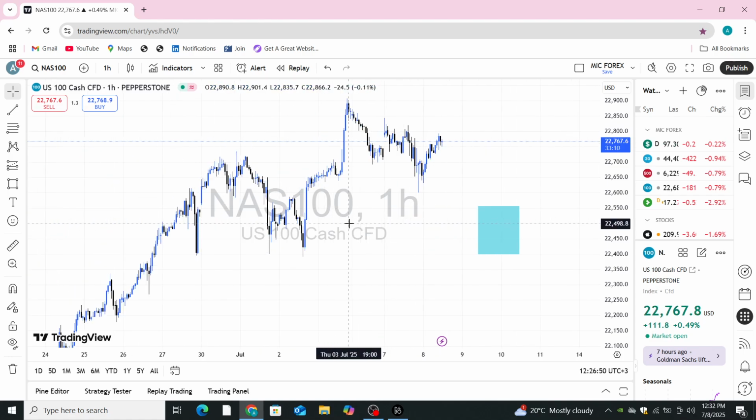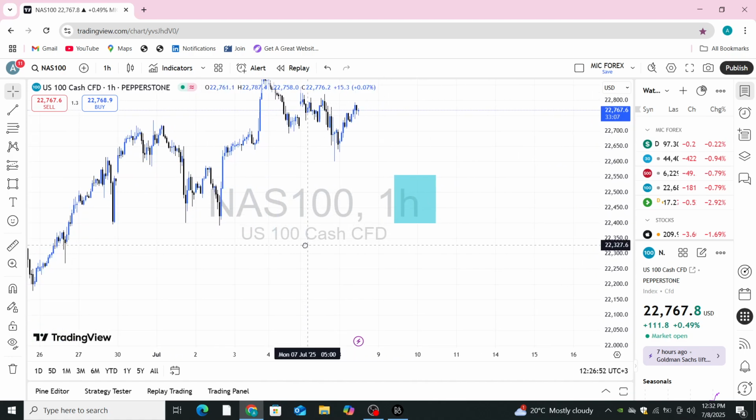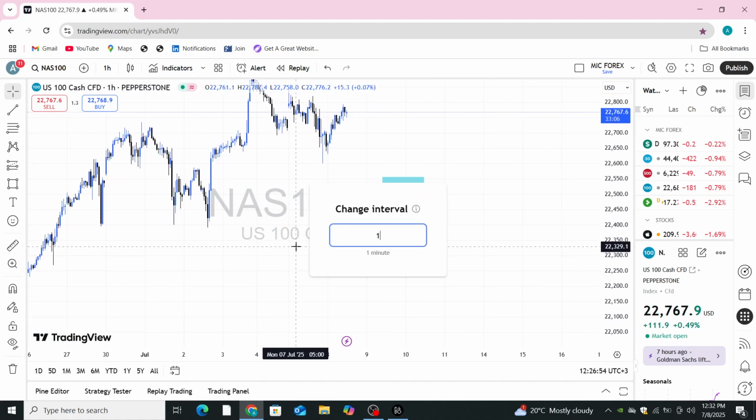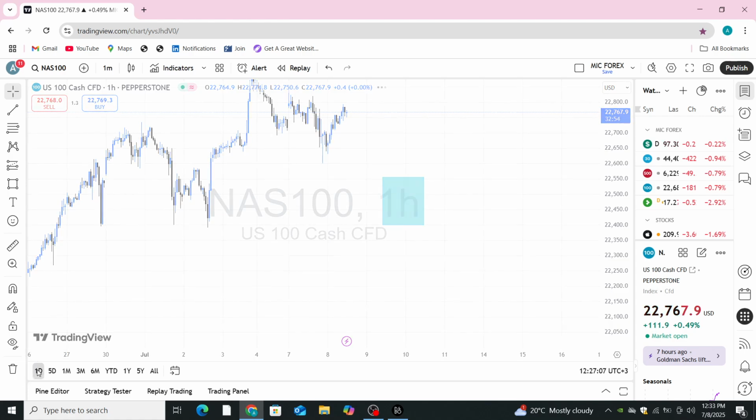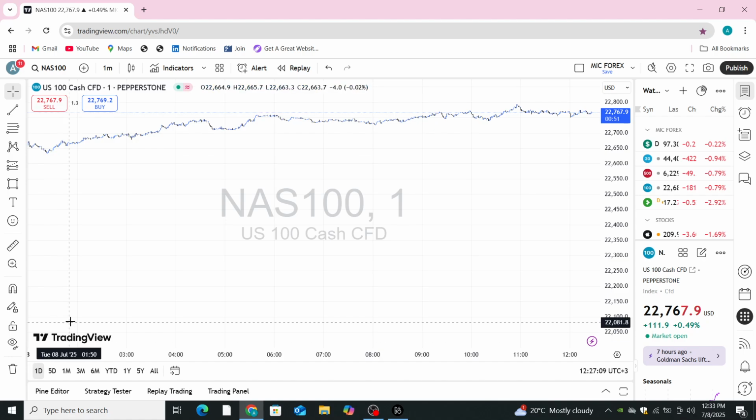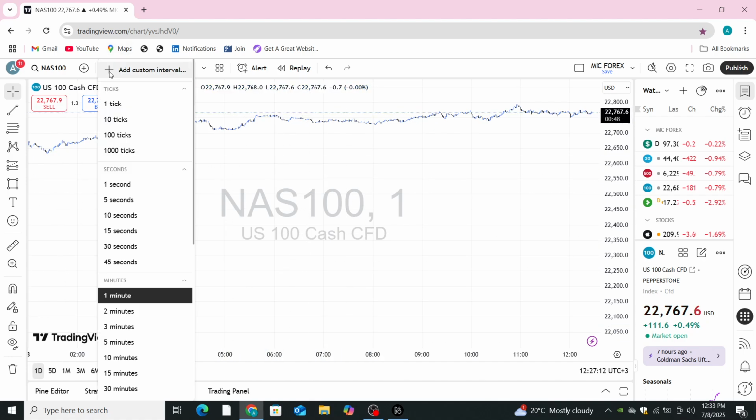If you want to go to something like 1 day, just type that, and you'll see your watermark changing to 1 day. Or you can just click here, and the market will now show 1 minute.